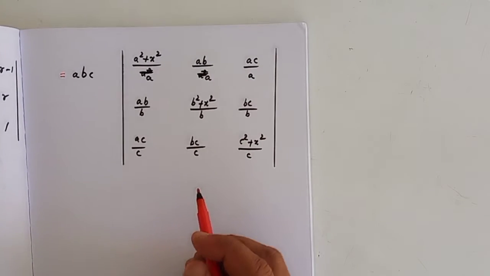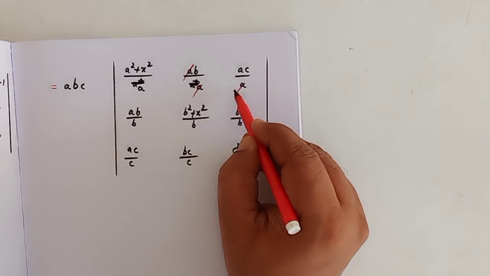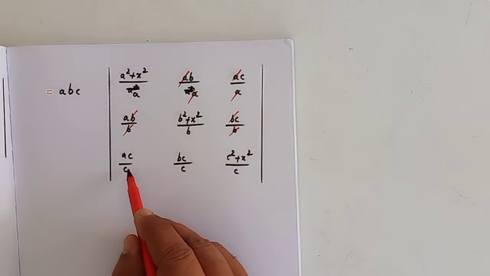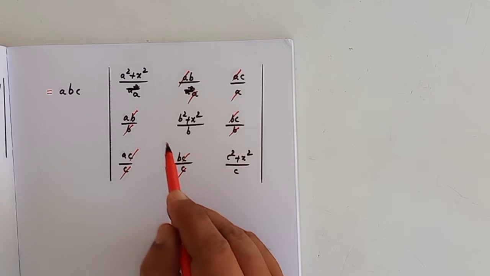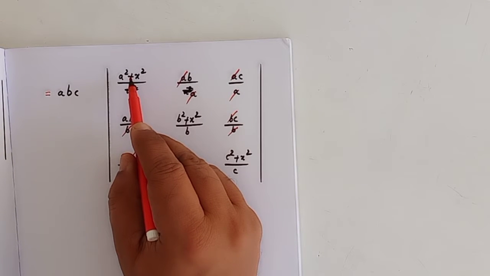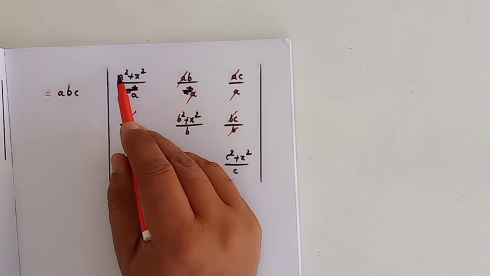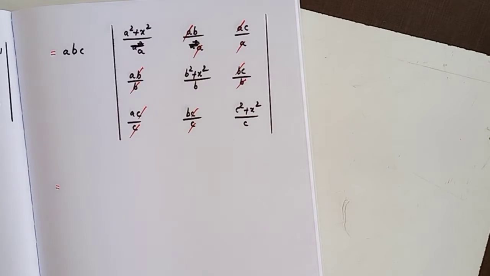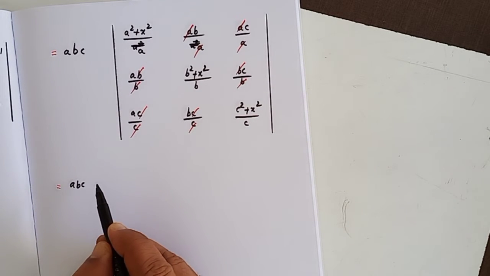Can simplify: A and A get cancelled, B and B get cancelled, C and C get cancelled. Since we have plus symbol in the numerator, no chance of cancelling A here. So that is equal to, write ABC as it is.